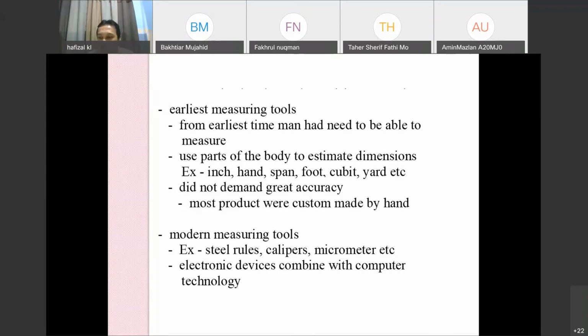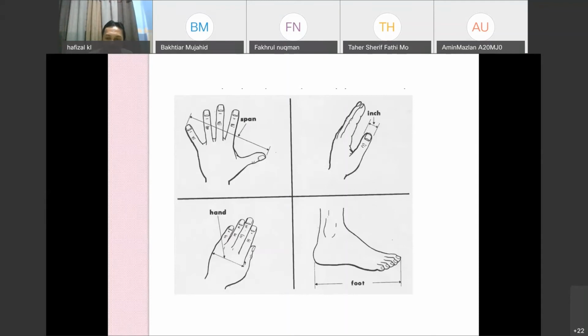Nowadays they use computers with electronic devices attached, so it is very easy to manipulate and extract the data, and then we can get input. It's very good. This is the old school use.